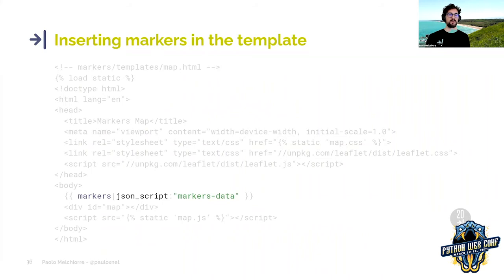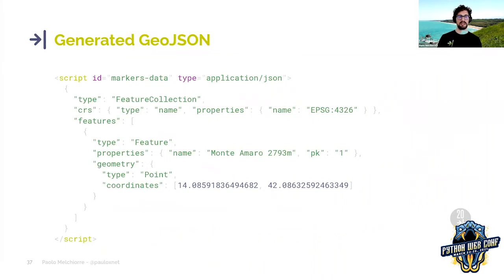In our template, we use the json_script template tag to securely add our markers to our page. The json_script template tag will generate code like this. As you can see, there is the GeoJSON inside the script tag.